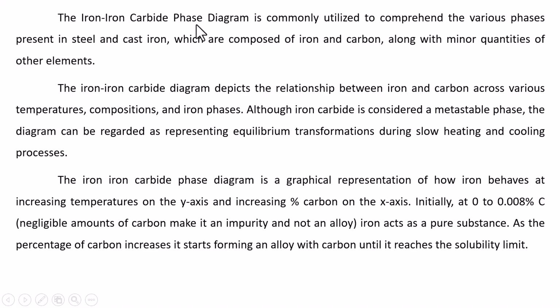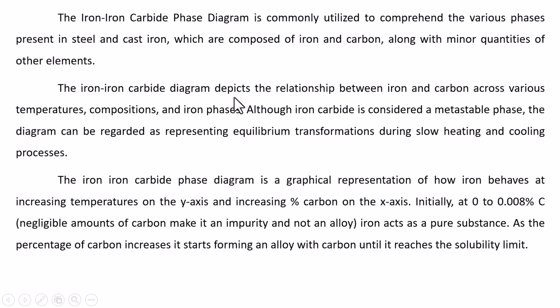The iron carbide phase diagram is commonly utilized to comprehend the various phases present in steel and cast iron. So in the phase diagram, we can identify what are the different phases present in these cases, which are composed of iron and carbon along with minor quantities of other elements.